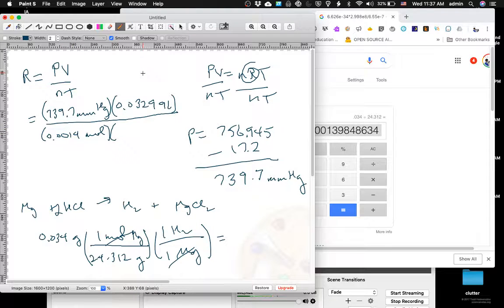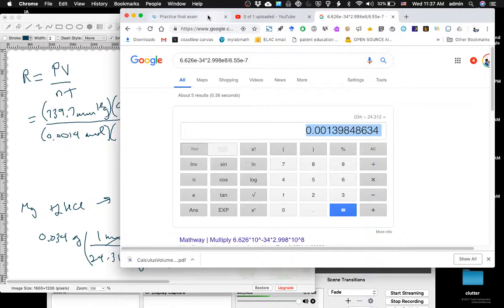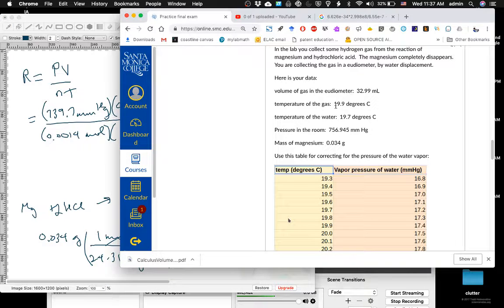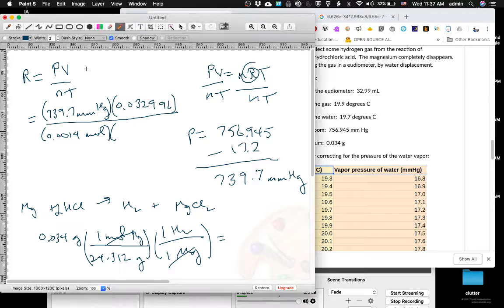And the T is given here. Temperature of the gas, 19.9 degrees Celsius. Did you write 19.9? Remember, you got to put it in Kelvin, okay?